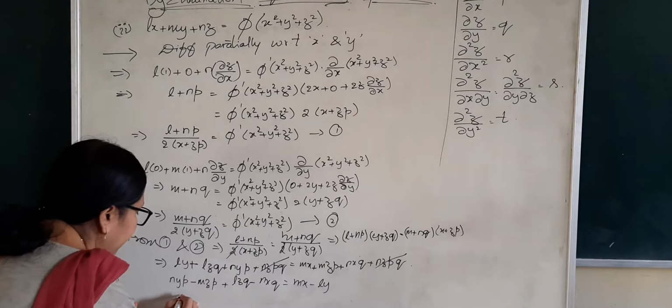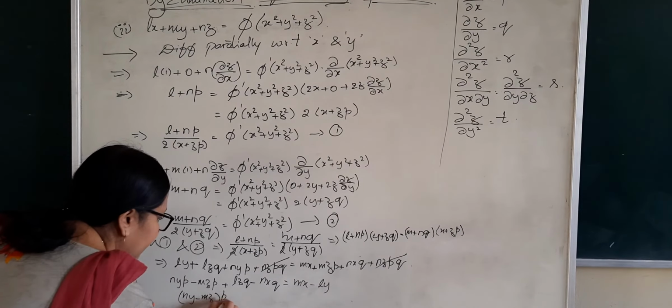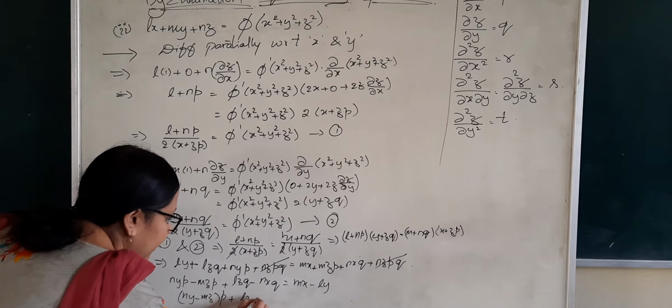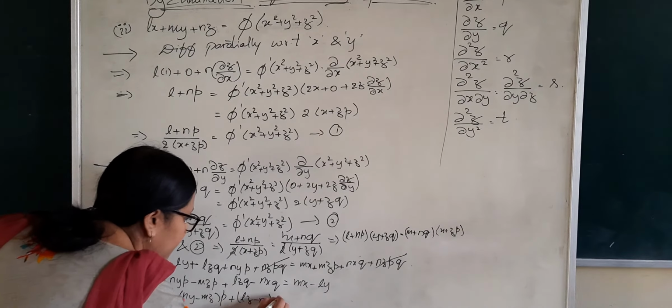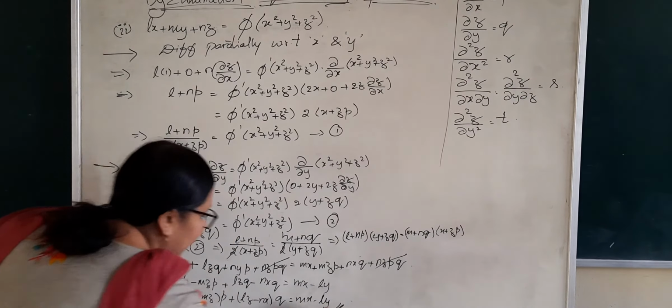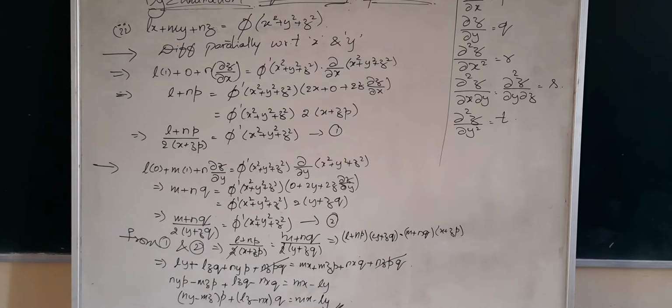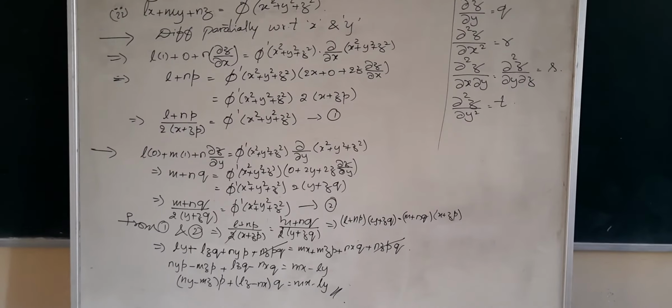So take out p common, ny minus mz into p plus lz minus nx into q is equal to mx minus ly, and this will be the required partial differential equation in the standard form.